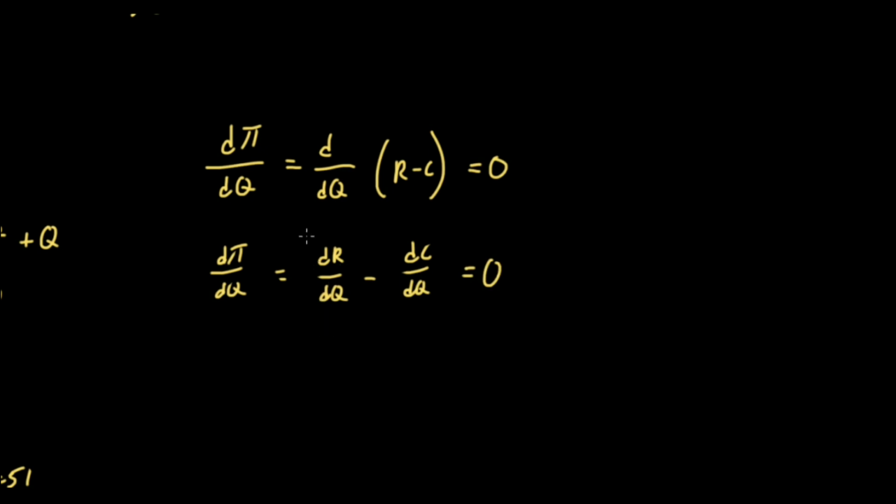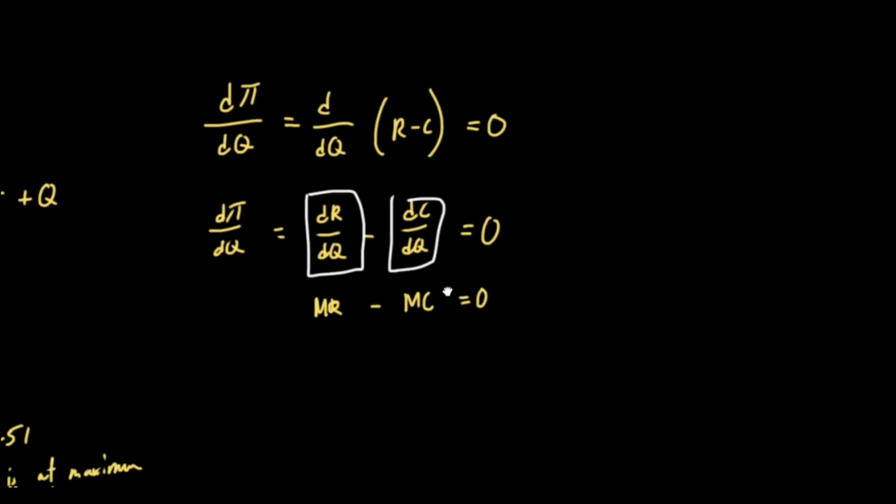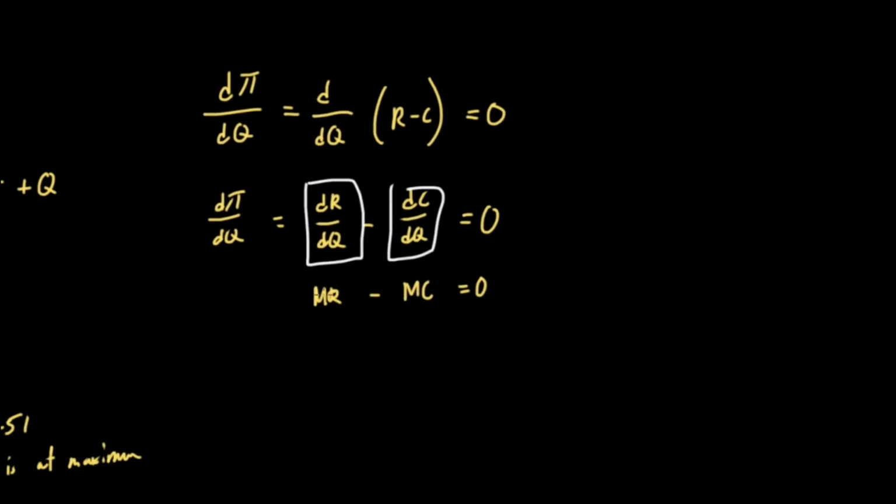This dr dq is what we call our marginal revenue, and dc dq is our marginal cost. So the first order condition requires that MR minus MC is equal to 0. In other words, our marginal revenue should be equal to our marginal cost when the firm is maximizing its profits.